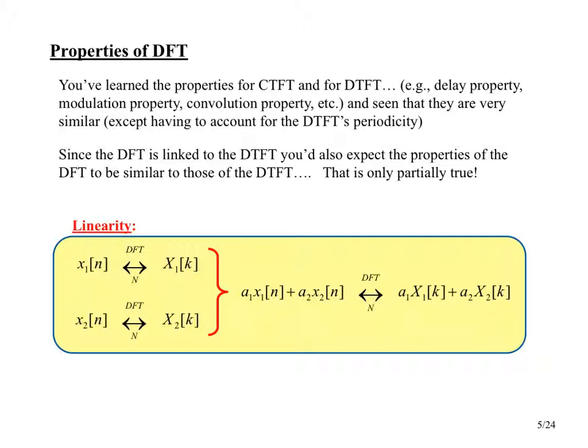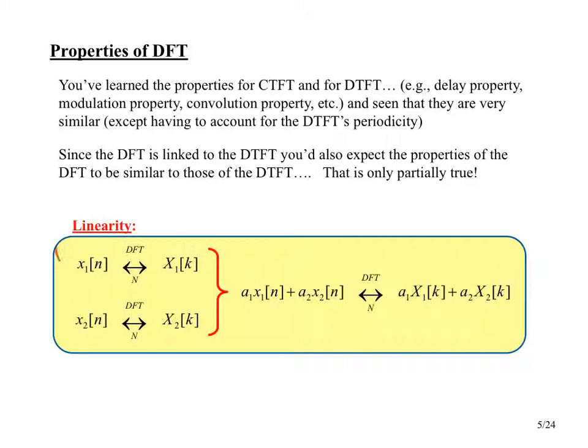You've learned properties of the CTFT and DTFT and Z transform and Laplace transform, and some of those properties will carry right over. So the big one is linearity. All of these transforms are linear transforms.